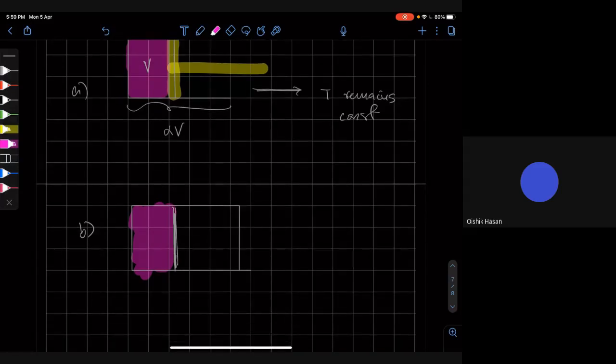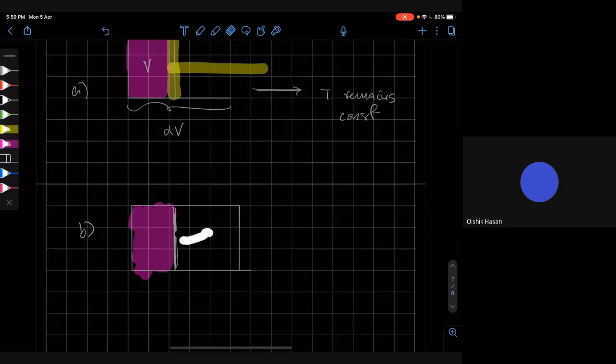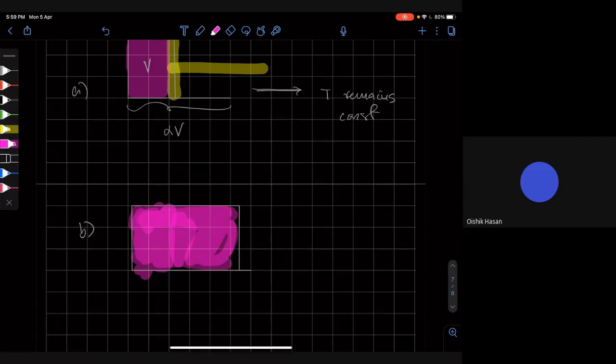So when we suddenly remove the barrier, the gas expands to the whole volume. It's a Joule expansion, right? So again, the whole volume is alpha times V, where alpha is some positive number greater than 1.